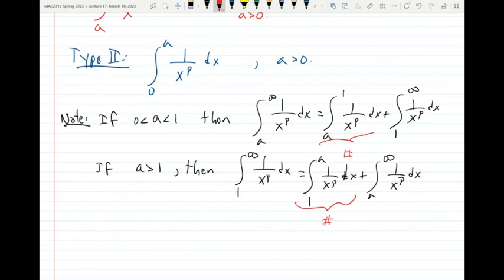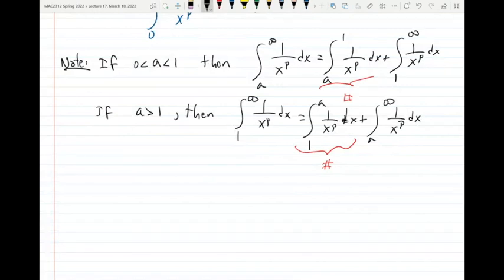That means that the integral from 1 to infinity will converge if and only if the integral from a to infinity converges. In other words, the convergence or divergence of this integral is the same as that of the integral from a to infinity. So typically when we talk about a p integral, we think about it as from 1 to infinity, not from a to infinity. It doesn't have to be 1, but it's enough to consider 1.